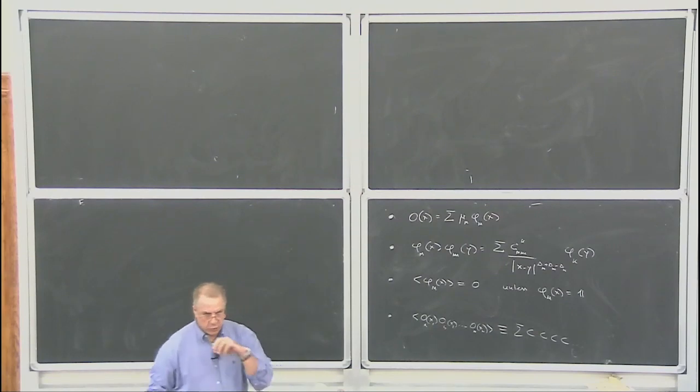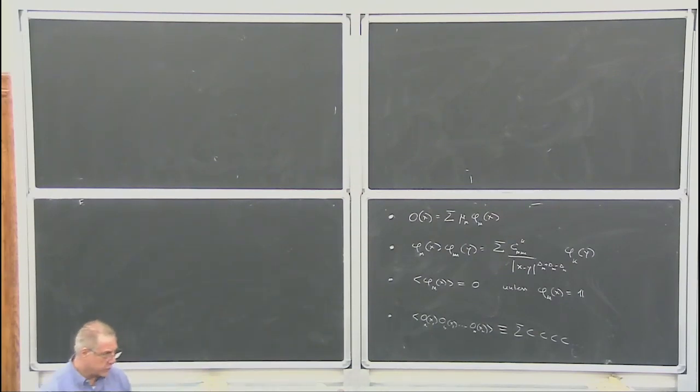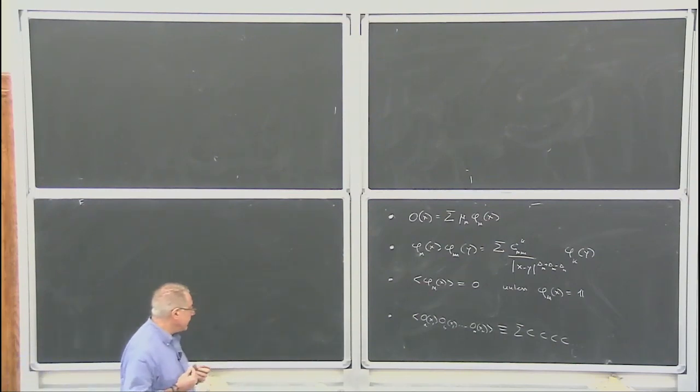So let me just summarize quickly where we are and what we want to achieve today. We are essentially sitting at the fixed point where the correlation length is infinity.